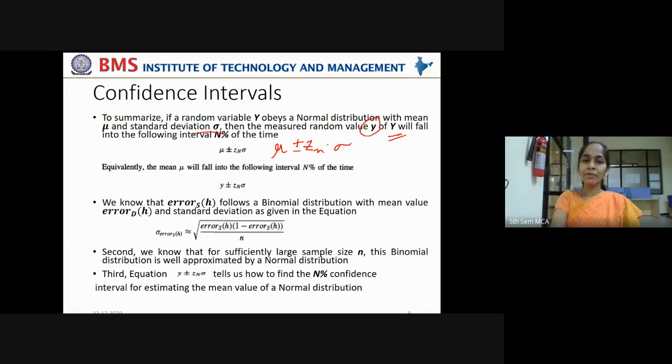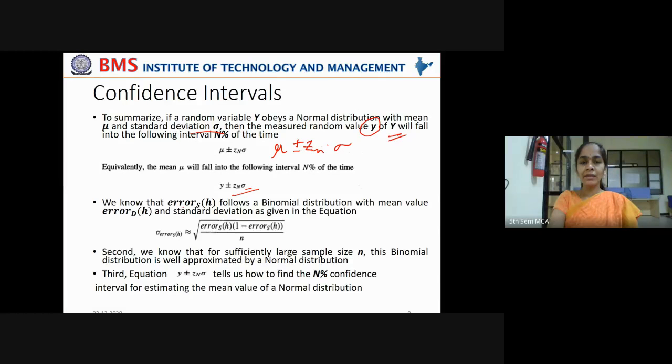Or equivalently, the mean mu will fall into the following interval n% of the time. If mu is given, you can calculate with y. If y is given, you can calculate with mu. So how do you write this? y plus or minus Zn multiplied by sigma. Either way you can calculate. Okay, that will give you the interval, the tolerance level up to which it can afford to make the error value fall into, after which it can't afford the error, right?